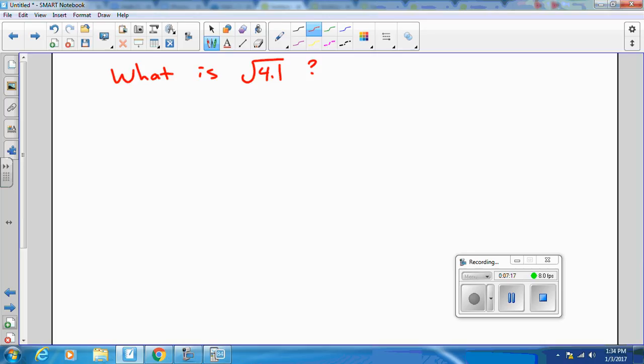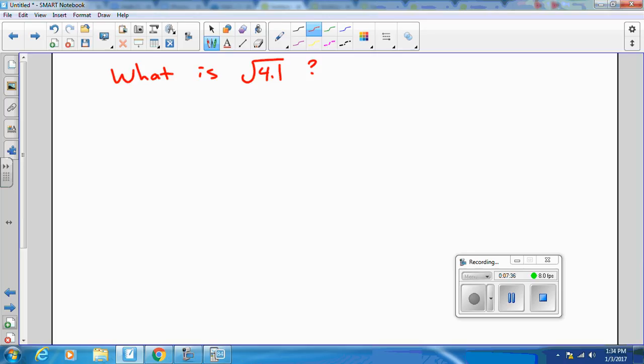My guess is that you probably would go, it's kind of close to 2, right? And that's about it. Tangent lines enable us to give a pretty good answer without working too hard.